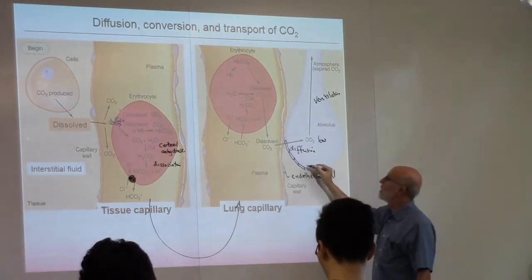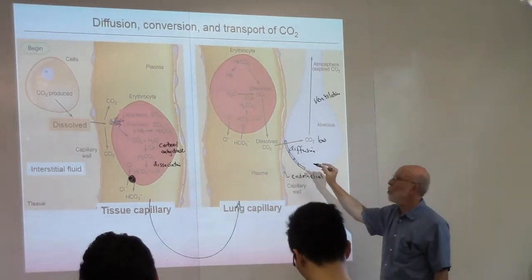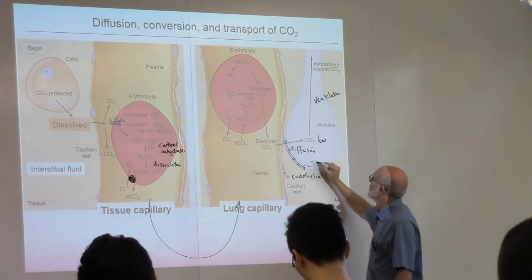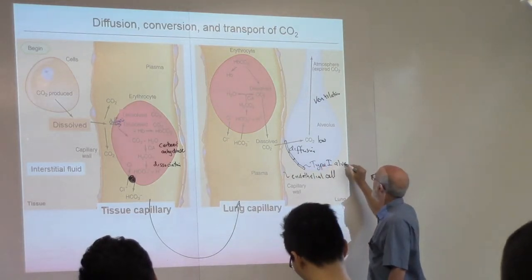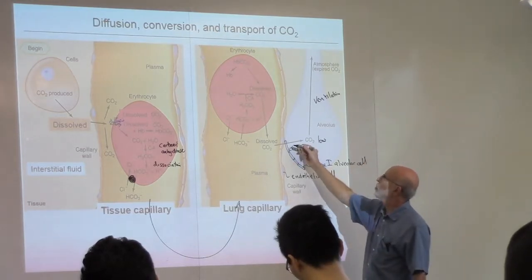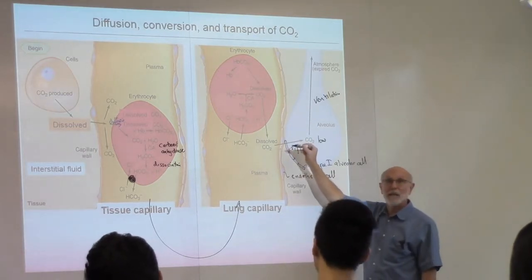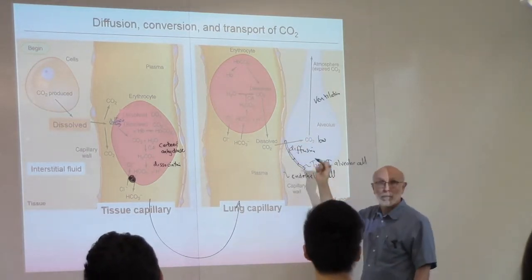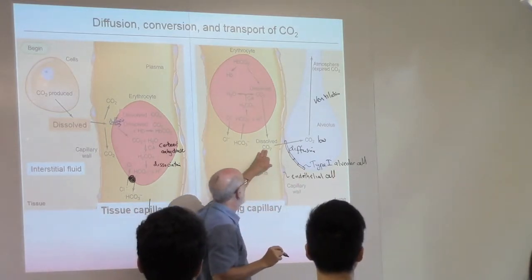What are these cells here that line the alveoli? Type 1 alveolar cell. Okay, so we've got diffusion through thin, specially thin cells. Good, okay. So this arrow is diffusion.